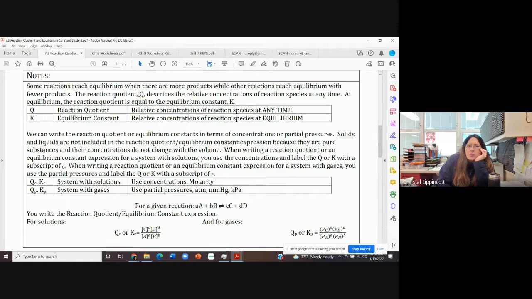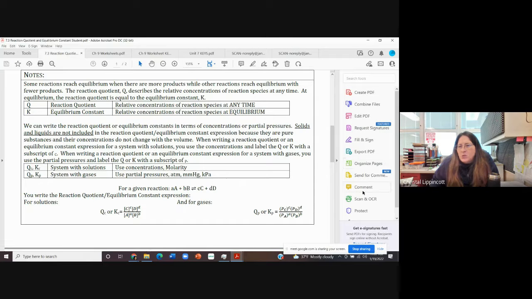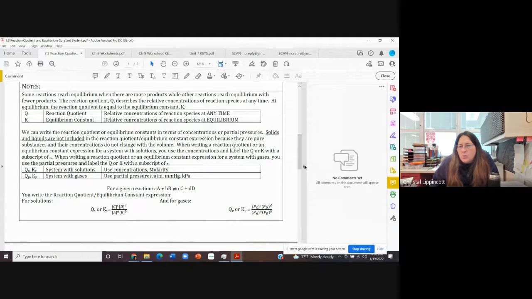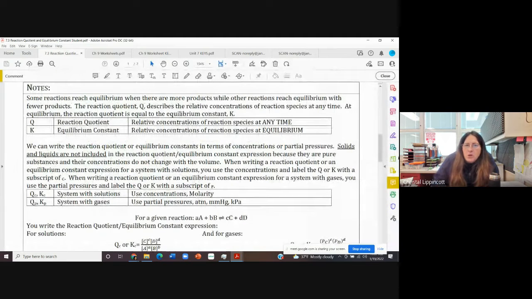The reaction quotient describes the relative concentrations at any time. So at any time, you can use Q. Q describes any point in time. They say at this time, this is how much we had. K is only at equilibrium. So do you see the difference between K and Q? Yeah. All right.